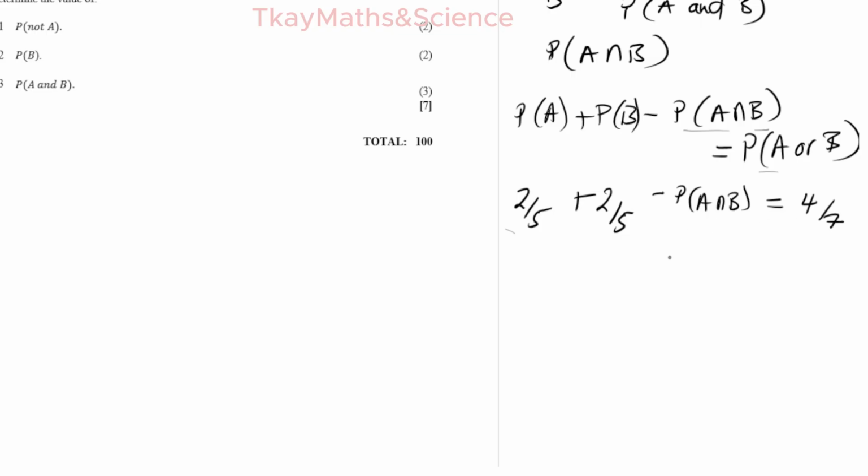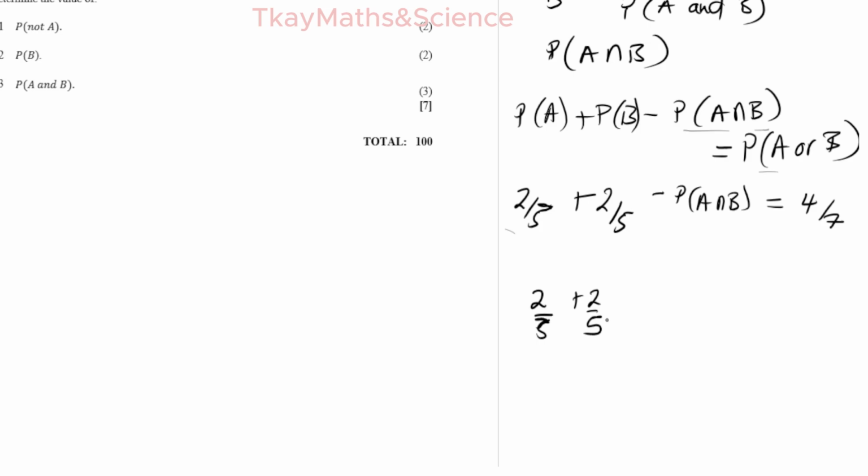Okay, now we do the subject of the formula. So it's going to be 2 over 5 plus 2 over 5. Okay, so I may have made a mistake here, which is the probability of getting A is 2 over 3, not 2 over 5. You have to be watchful of these mistakes. Okay, 2 over 3.